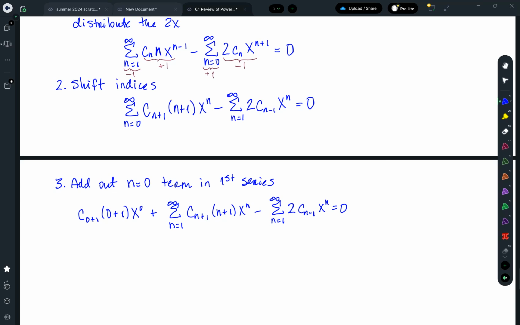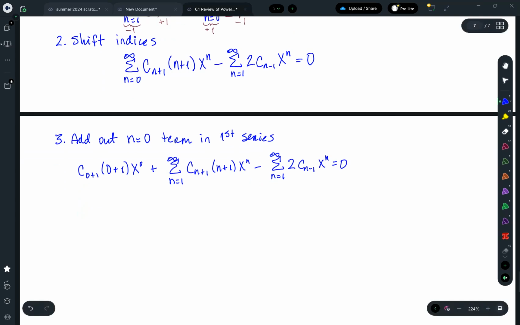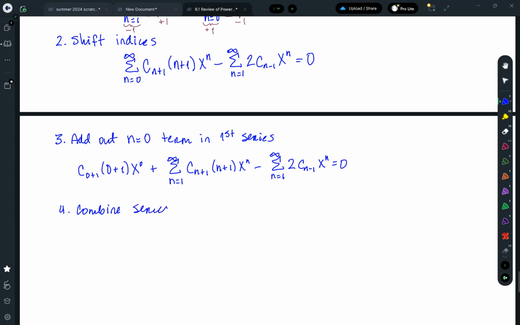All right, now I can go ahead and combine the series. So that one term is still just going to hang out. It's C1 plus, now factor out the common sum, n equals 1 to infinity.